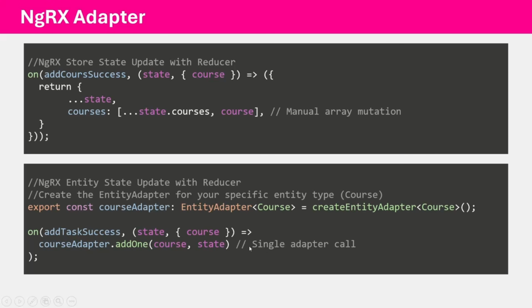So here we are making a single adapter call, and this will make sure that a new state is returned from within this reducer function, and it will also make sure that it does not mutate the previous state, and it also makes sure that this new course gets added to the courses entity. So just in one line of code, we have made sure that we return a new state instead of mutating the original state, and the new entity object gets added to the entity dictionary. So this is one advantage which we get when we use NgRx Entity.